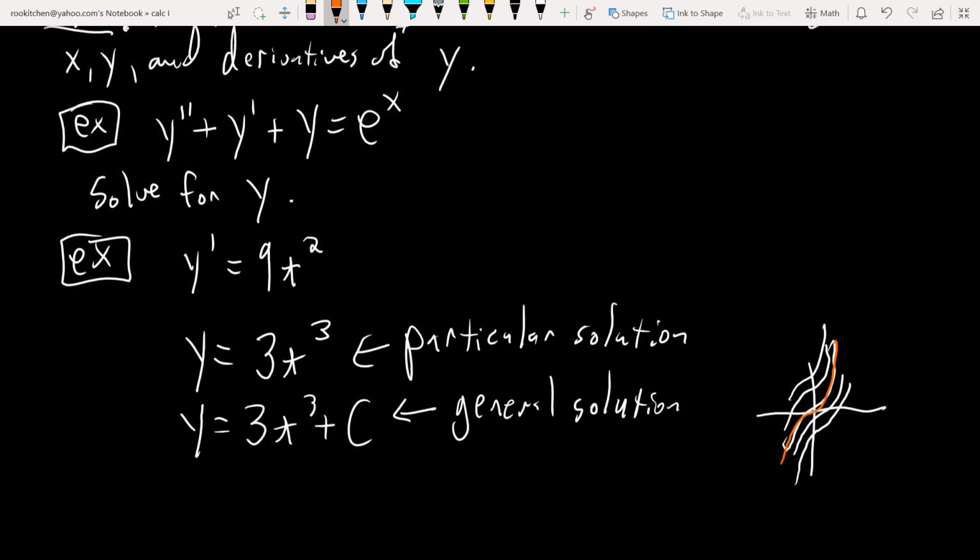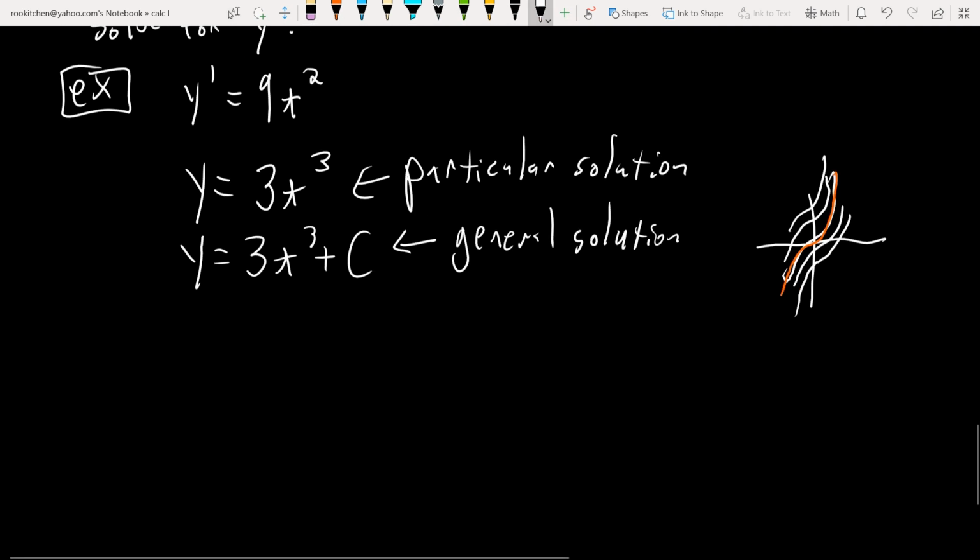So anyways, this process then of finding this antiderivative, we're going to give it some notation. We'll leave this idea of differential equations for a later time.